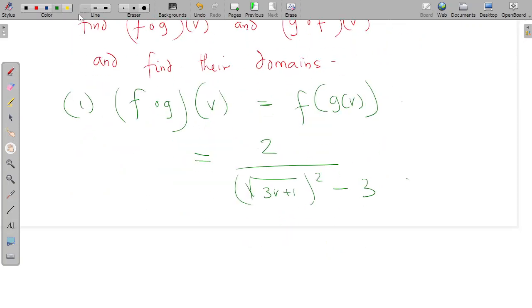Anytime you put the composite function, please simplify it. You must simplify your expression. This gives us 2 over 3v plus 1 minus 3. Okay, this gives us 2 over 3v minus 2. That is the composite function.